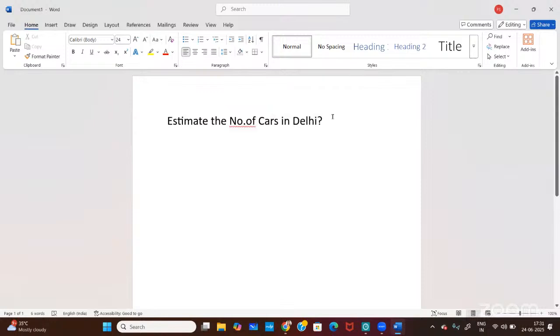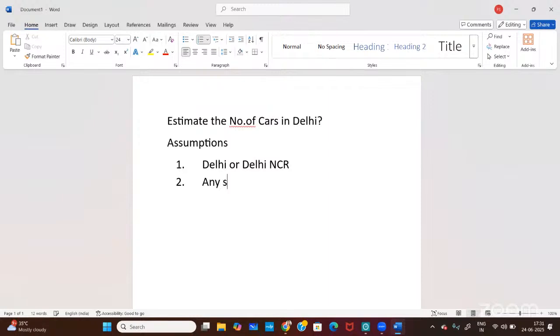Before going further, to begin with this question, we'll have some assumptions. The first assumption: whether I should take Delhi or Delhi NCR. The second: is there any specific car type?